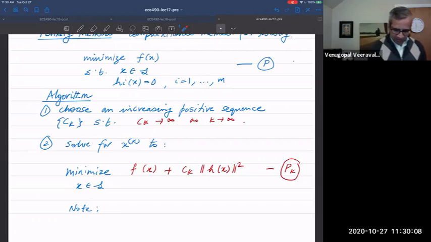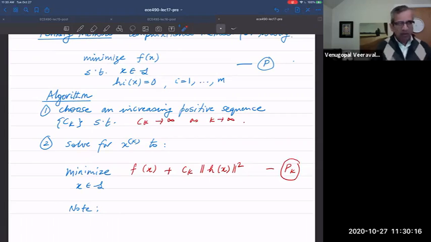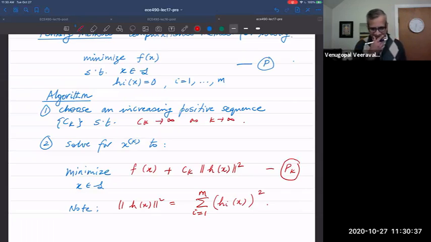By the way, this h(x) is just a vector version of the hi(x)'s. So h(x) is all the hi(x)'s put into a vector. So the norm of h(x) squared is simply the sum from i equal to 1 to m of hi(x) squared.